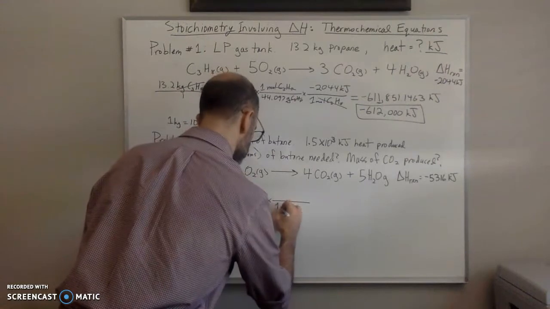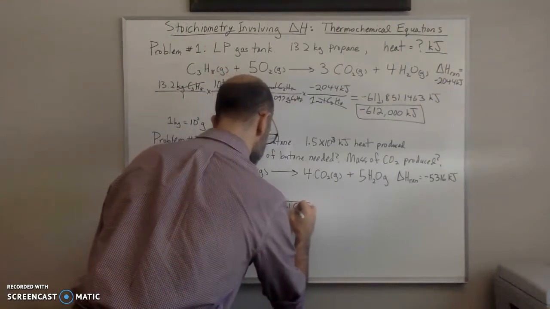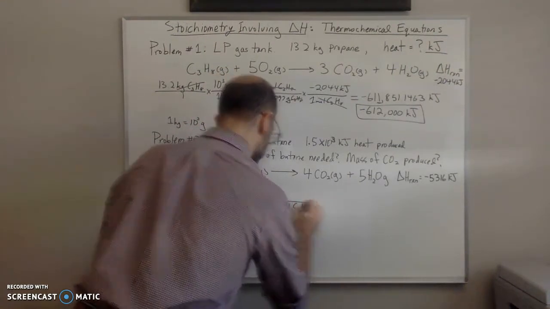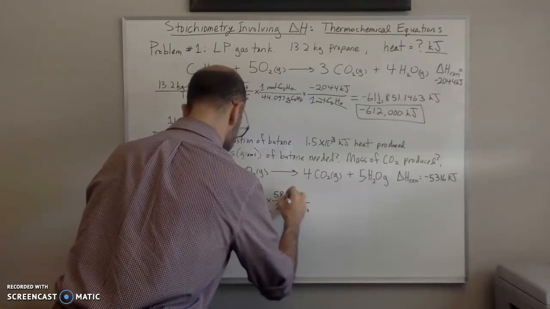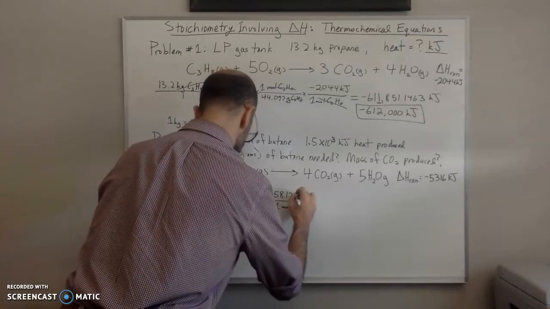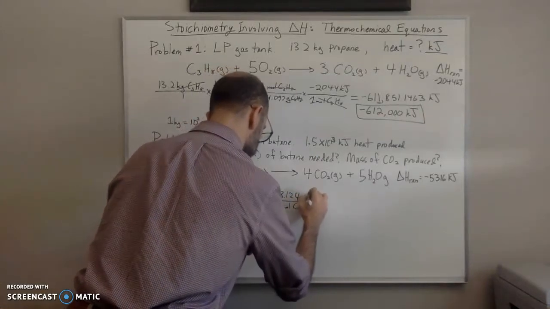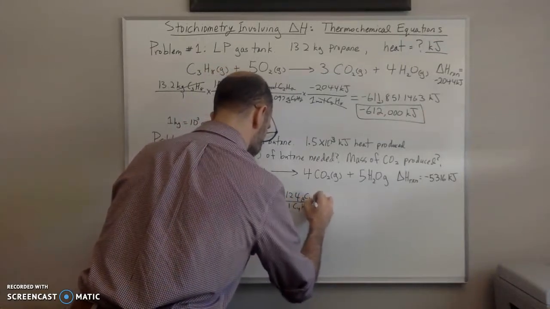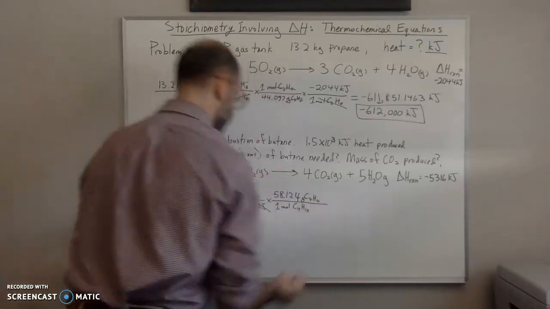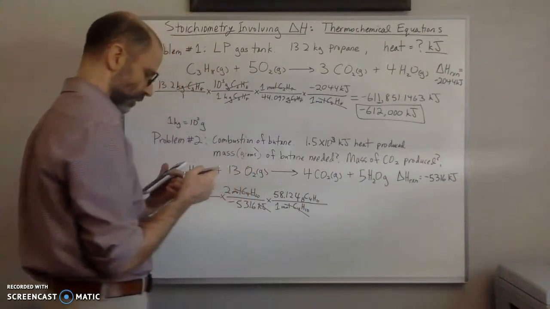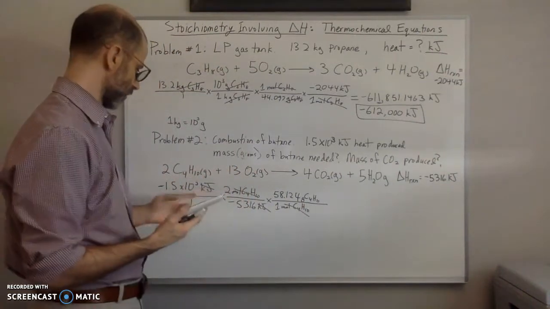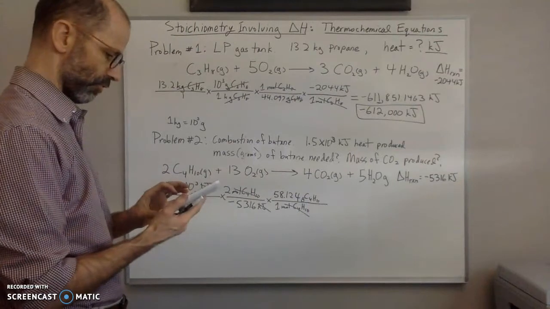So 1 mole of C4H10 is 58.124 grams of butane, C4H10. Now I have grams, moles cancel out.